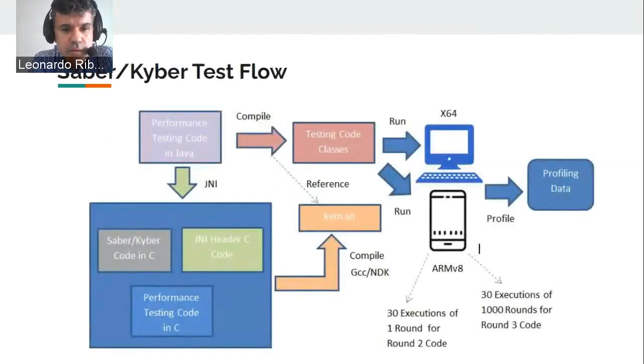There is a picture that briefly summarizes how we have tested Saber and Kyber. First of all, we created a Java code to do the performance tests. We decided to create a Java code because we needed to test Saber and Kyber in mobile devices.